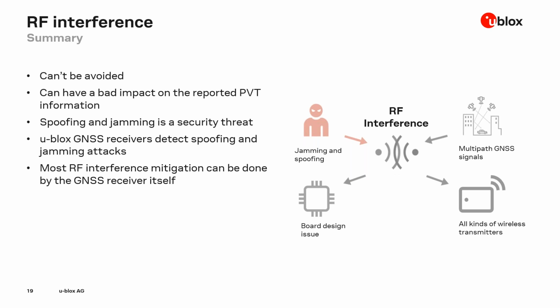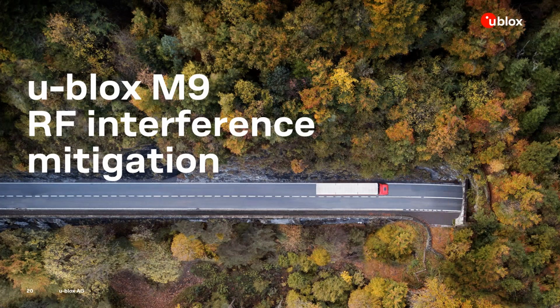It is also important to know that the GNSS receiver can detect this spoofing and jamming, and also that the RF interference mitigation can be done by the GNSS receiver itself. Let's say most of it, not everything. Okay, and now I have a couple of slides to go more in detail about the mitigation issues.